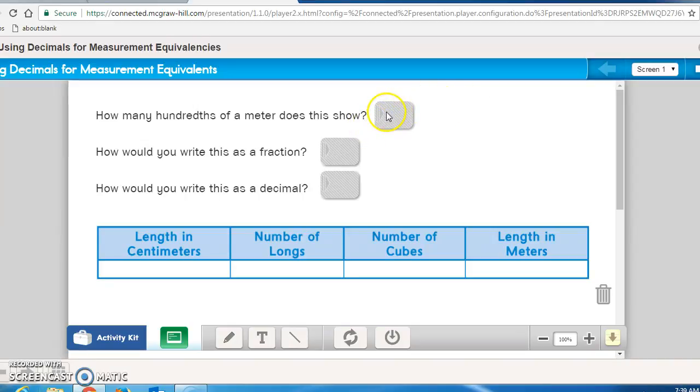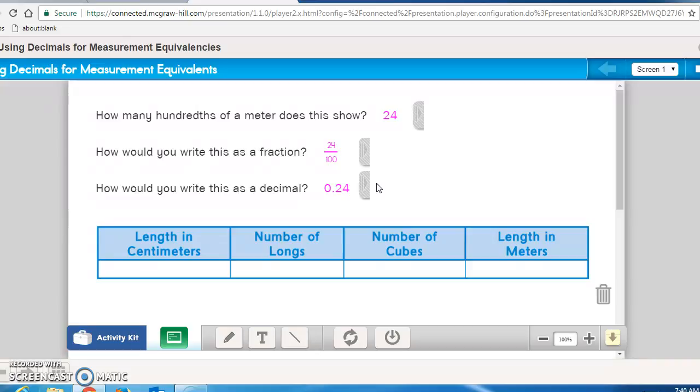How many hundredths of a meter does this show? Hopefully you're realizing that it's showing 24. How would you write this as a fraction? 24 hundredths. How would you write this as a decimal? 0.24.